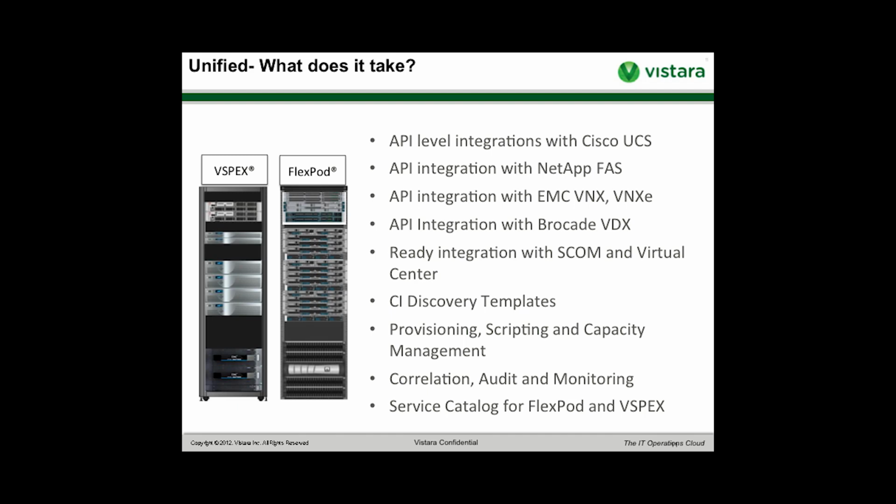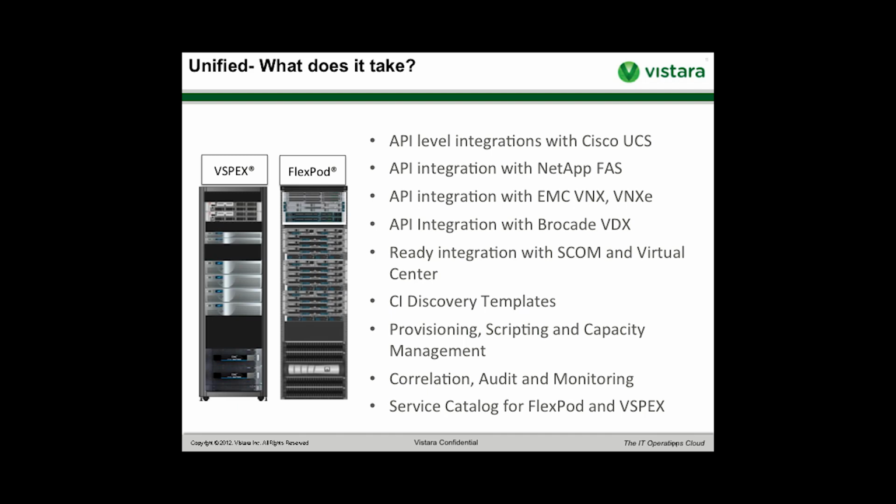But in order to unify, for example, UCS Manager with the Nexus switch management, along with NetApp OnCommand and NetApp ONTAP interfaces, you have to have API-level integrations with the elements.